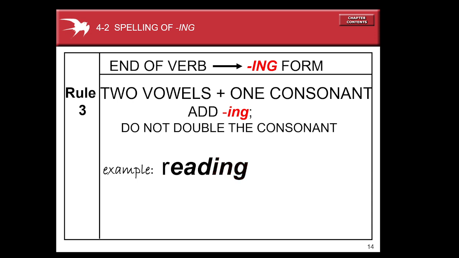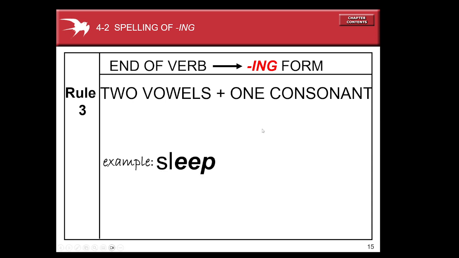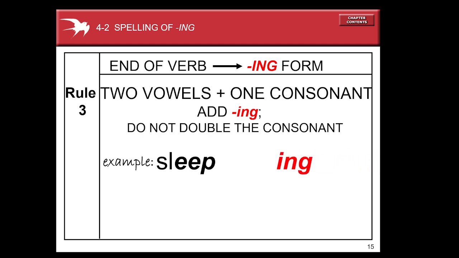Read, reading. Same thing here, you see? We have two vowels, double E, and then one consonant, letter P. So we add -ing: sleep, sleeping.